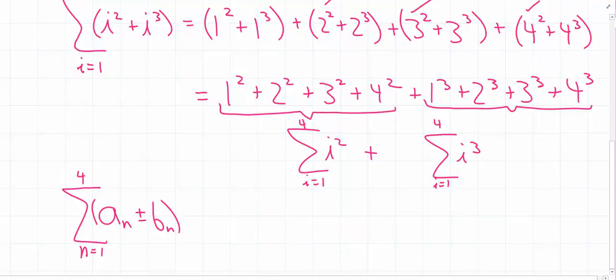It's not as general, but it works. So what we could do is split that up. The n from 1 to 4 doesn't matter, it's just whatever n is, and plus or minus.